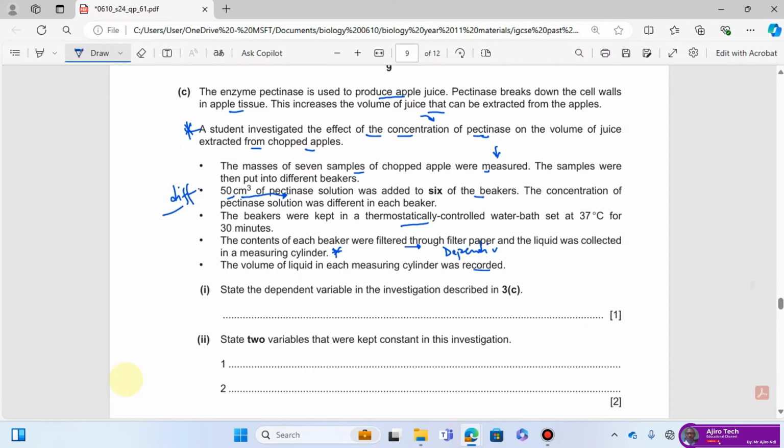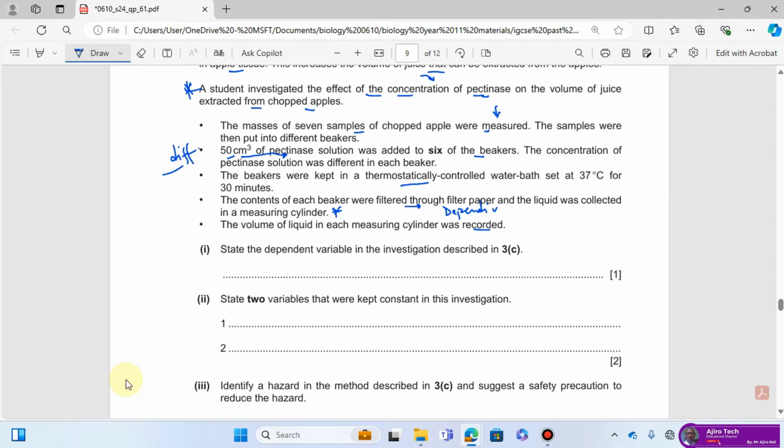So that's our result. Now they said state the independent variable in this investigation. What was changed? The concentration of pectinase that was used. We changed the concentration. But what are the variables we kept constant? The volume of pectinase used was kept the same, 50 cm cubed, and the temperature was also kept the same in a thermostatically controlled water bath.